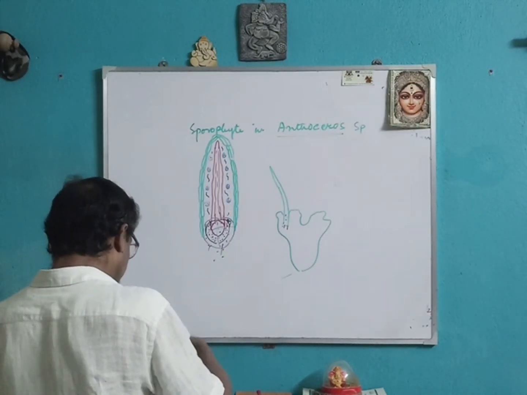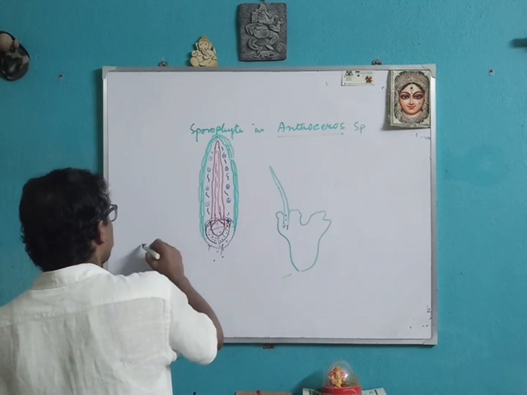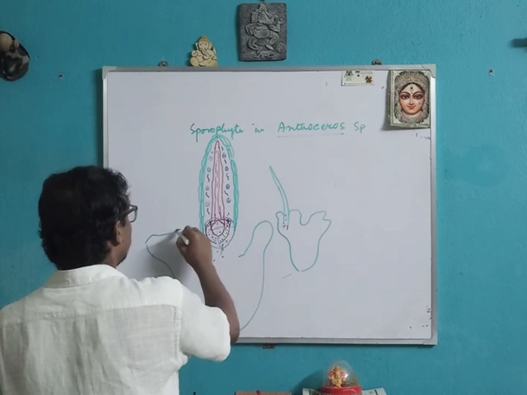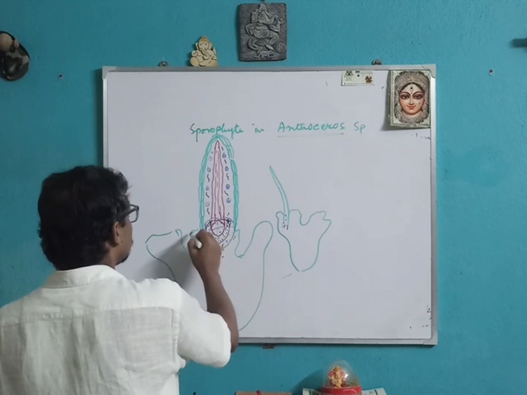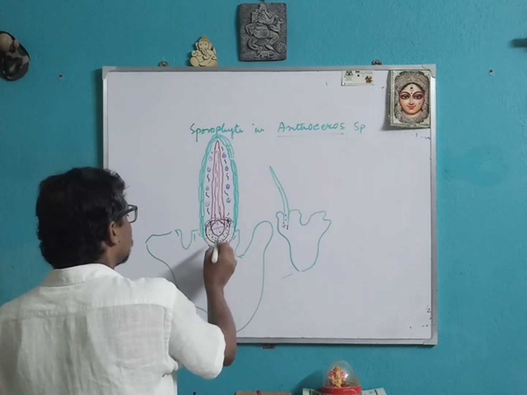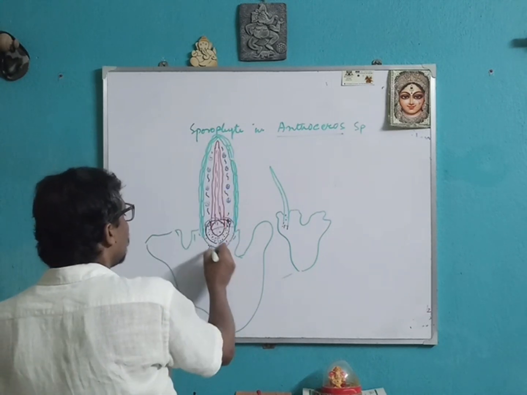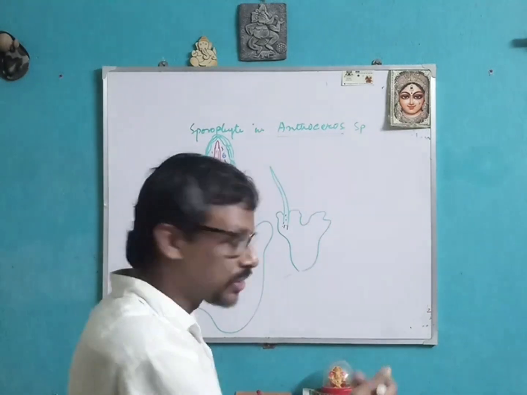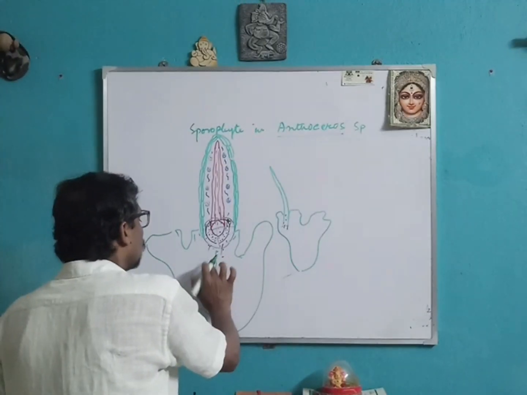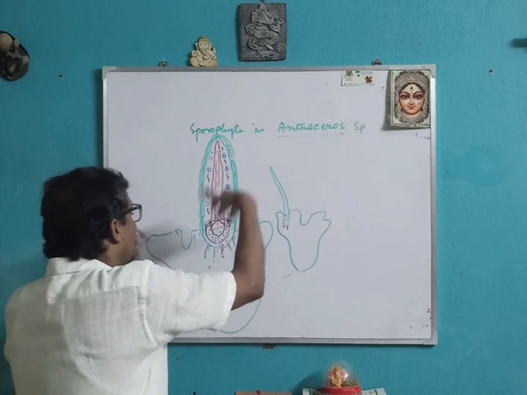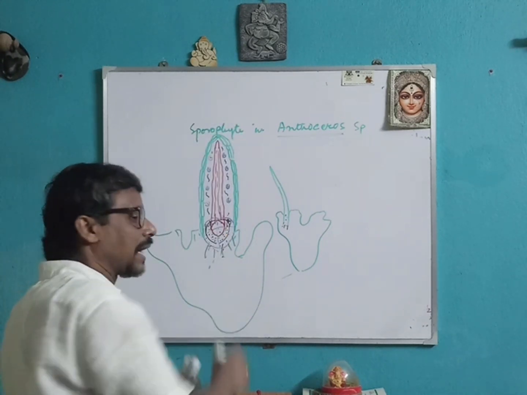If you consider the thallus, the gametophyte of Anthoceros, some archegonium was there, the zygote was formed, and from that zygote this sporophyte has arisen, and the lower basal cells of the octet have given rise to the foot. So the foot cells help to anchor the sporophyte to the gametophyte.